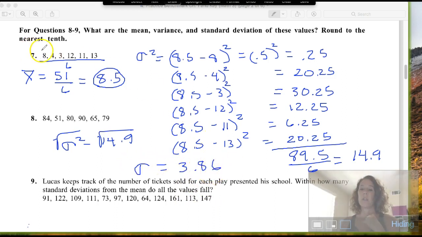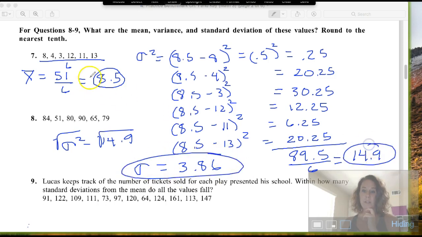So I now want to see how many standard deviations these values are away from the mean. But there is my standard deviation, there's my variance, and there's my mean. Real quick, guys, on the test, if you have a value like this, round it to the nearest tenth. This would round to 3.9, and I'm sure you can figure that out.